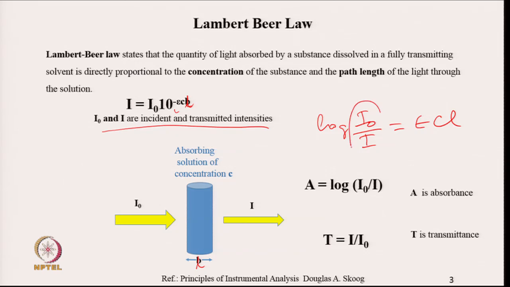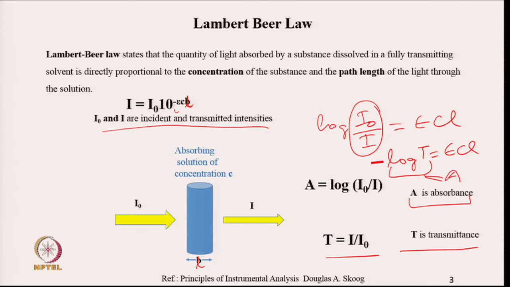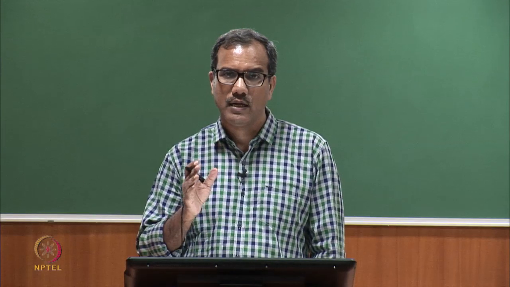This I by I naught is known as transmittance. So, minus log T is equal to epsilon CL, where T is transmittance, and this minus log T is called absorbance. So, A is your absorbance, and that is given by log I naught by I. If you pass light, the intensity of the light decreases when it passes through the solution.